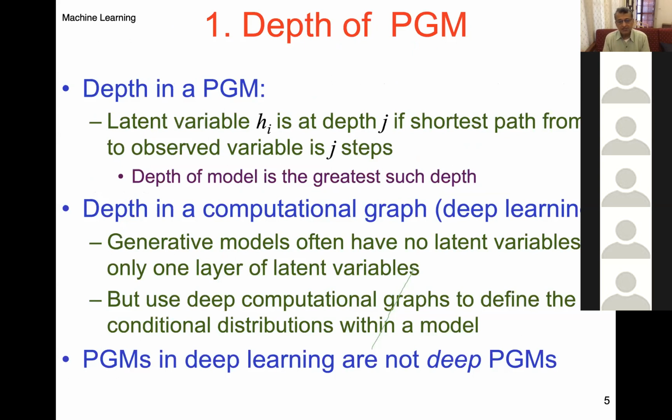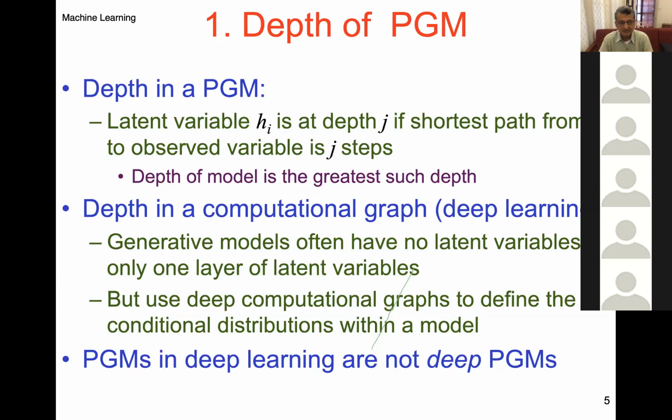Depth in a computational graph. In deep learning, we use computational graphs, which are different from the graphs of probabilistic graphical models. In probabilistic graphical models, the nodes are variables and the edges are interactions. Whereas in a computational graph, the nodes are operations. It's more like a computational flow.